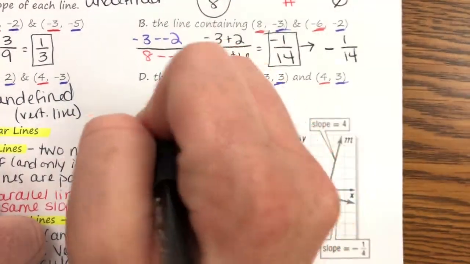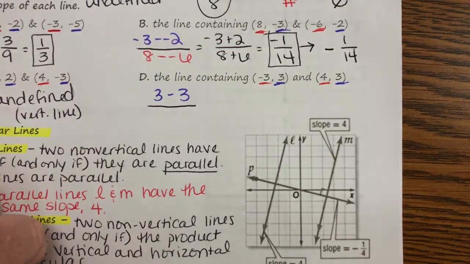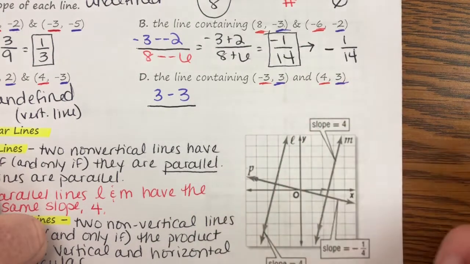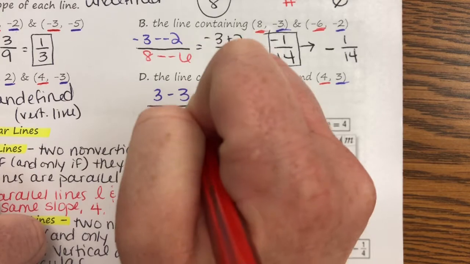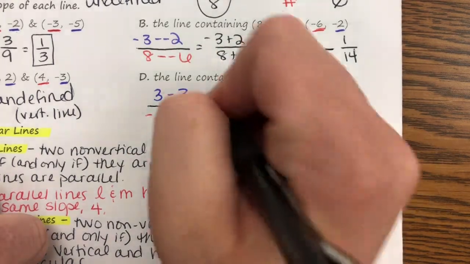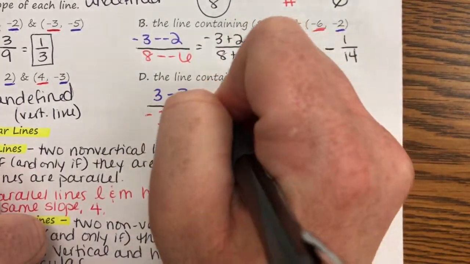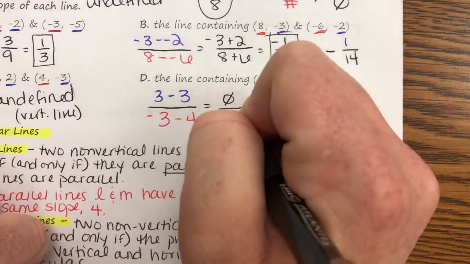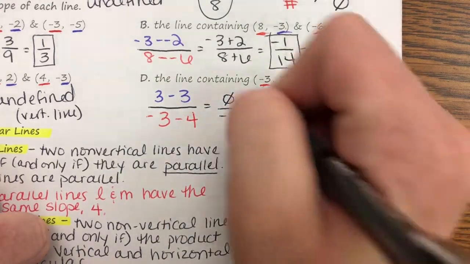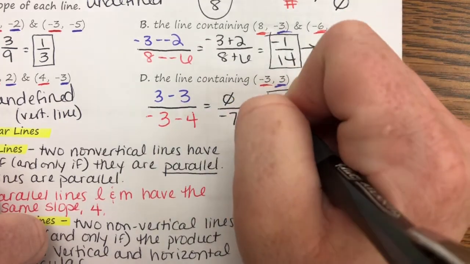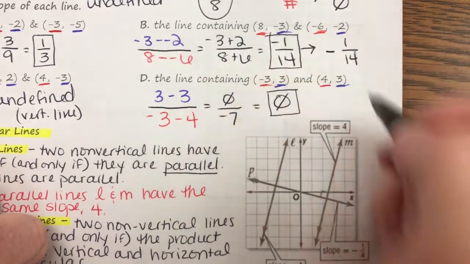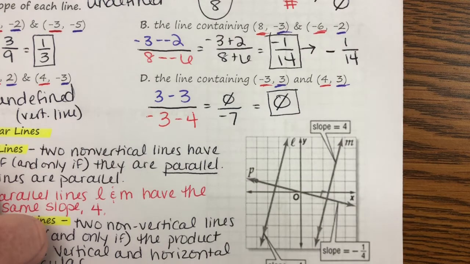And on the bottom of my ratio, since both my y values are the same, it doesn't really matter what order my x values go in. 3 minus 4. And when I simplify, I end up with 0 over negative 7, right? And 0 divided by anything is just 0. So anytime you've got 0 on top of a fraction and you simplify, the answer is just 0.